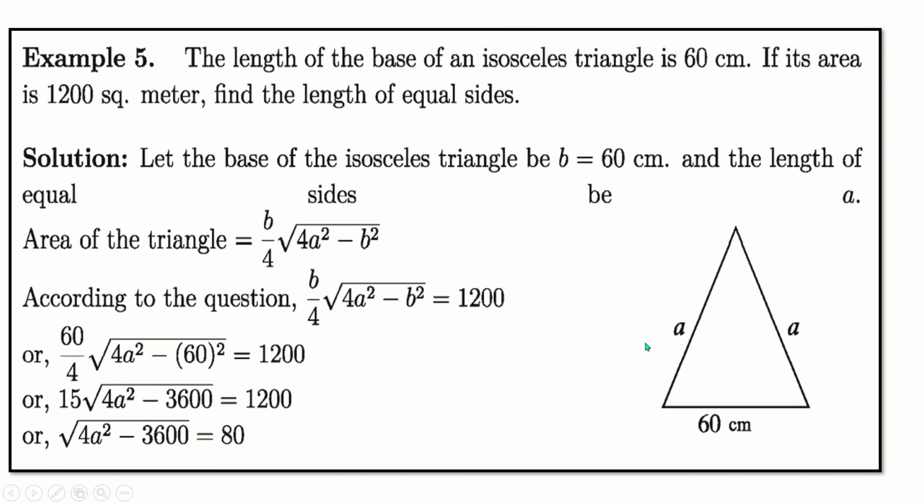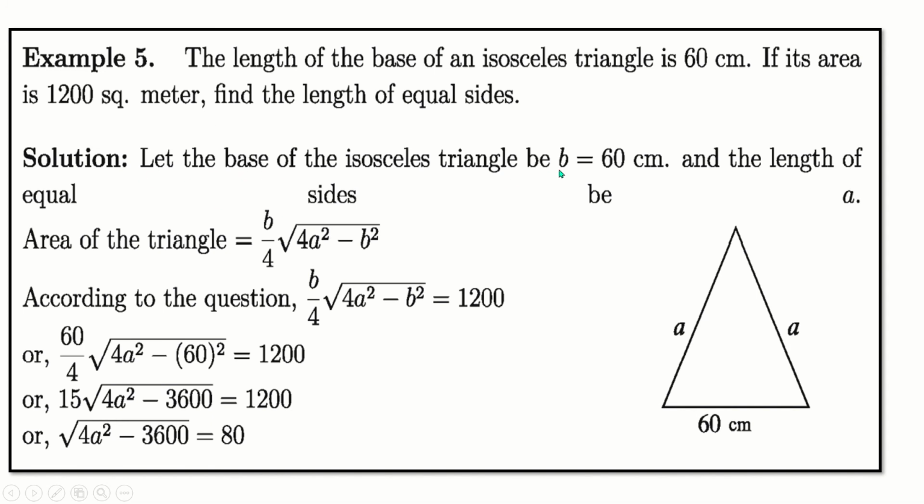That means you have to find the length of A, and the base given here is 60 centimeter, but here 1200 square meter is given. So 60 centimeter we can write as this divided by 100, or we can convert this into centimeter. Clear?